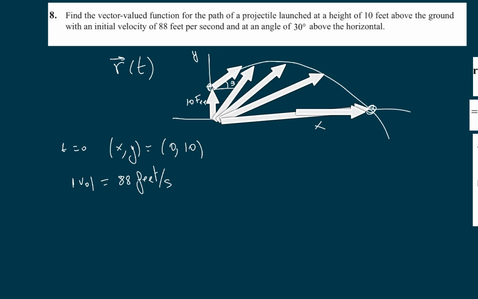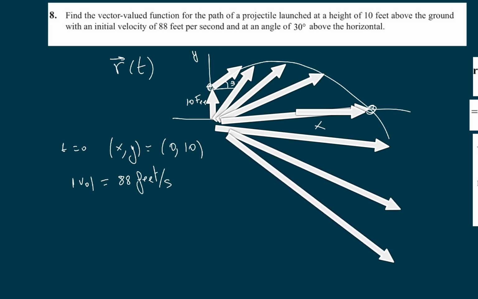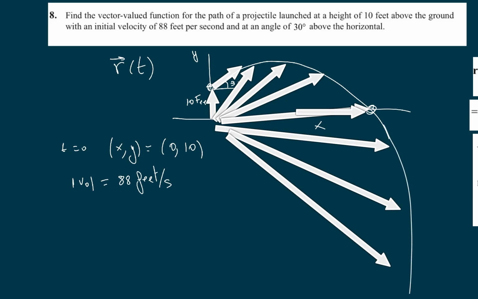If there is no floor, the object will go down, and the position vector will keep going down along the parabola. Okay, who is r of t?